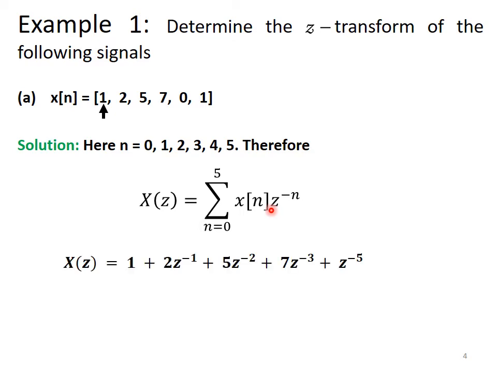So substituting the values of n, or in other words expanding the summation sign, we get this sequence: 1 plus 2 into z minus 1 plus 5 into z minus 2 plus 7 into z minus 3 plus 1 into z minus 5. And since the coefficient of z power minus 4 is 0, it is not mentioned here.